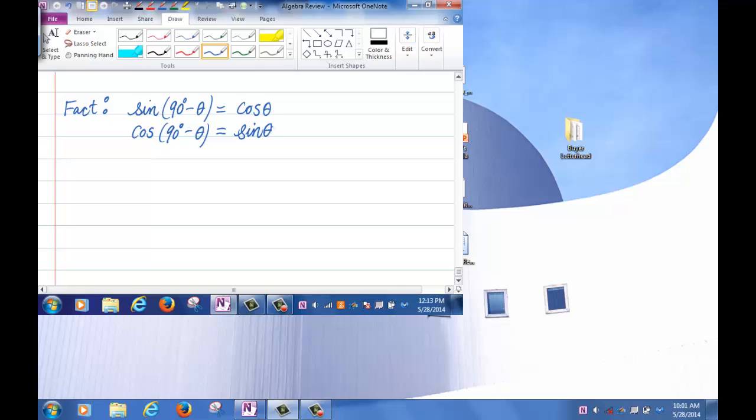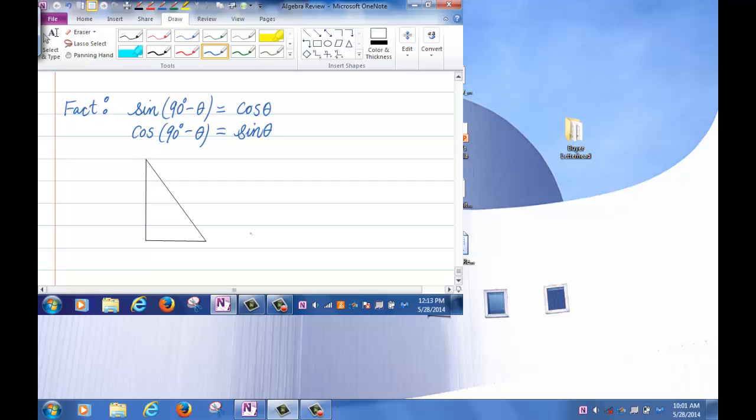How do I know this? Well, let's make a triangle again. Let's make a triangle like this.